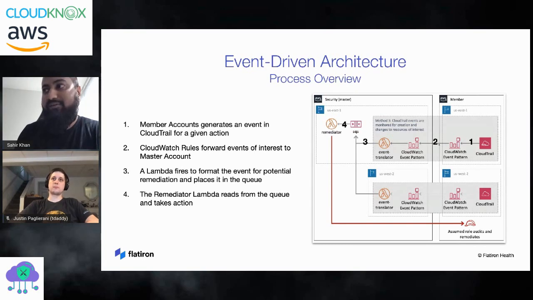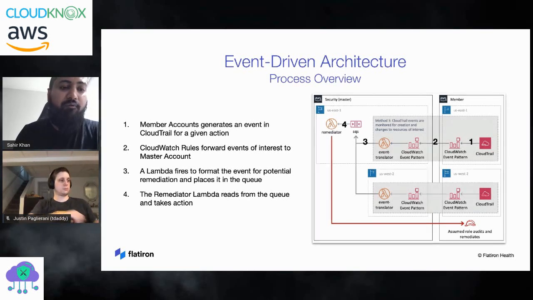The event bus sends that to the master account, and there you have the same pattern rules which capture, say, EC2 modify snapshot attribute, and that is captured by the event translator, which is a lambda. It captures the raw event, massages it, and sends that to an SQS queue. Then the SQS queue is piped to the remediator lambda, and the remediator lambda looks at the resource and tries to enumerate it, to see what it looks like.